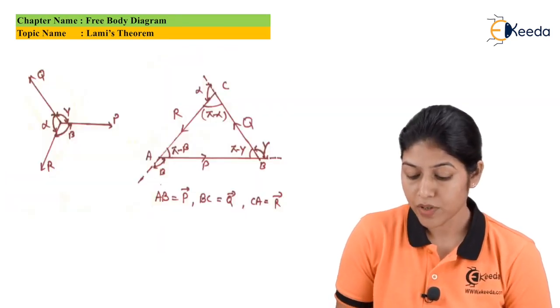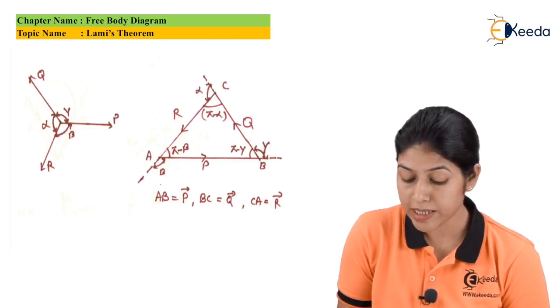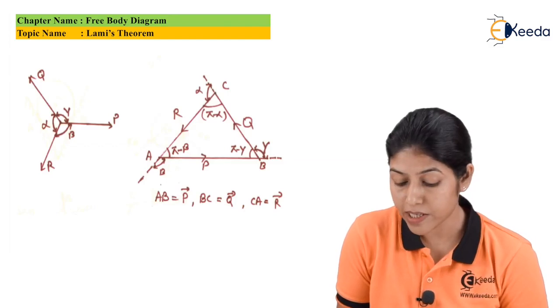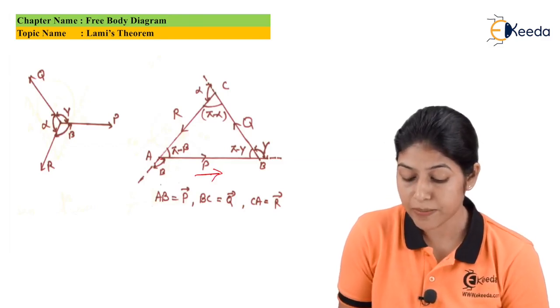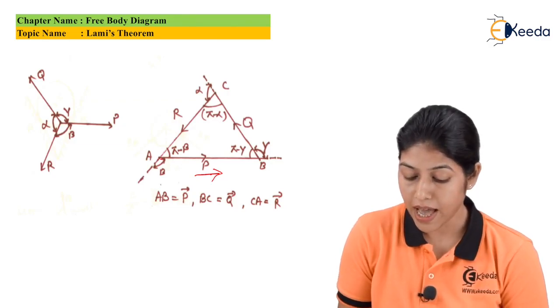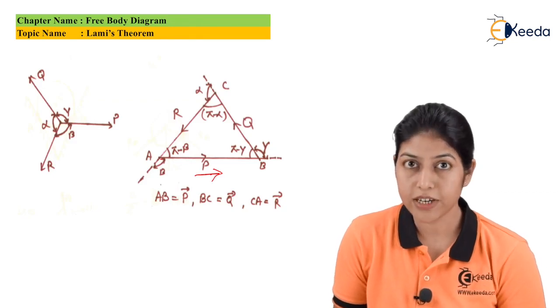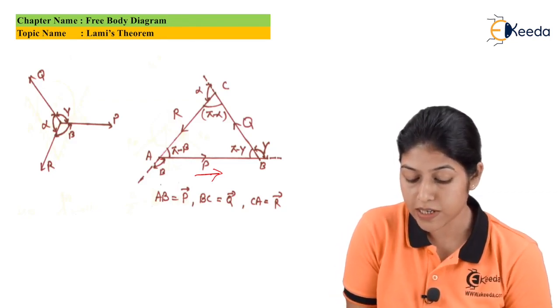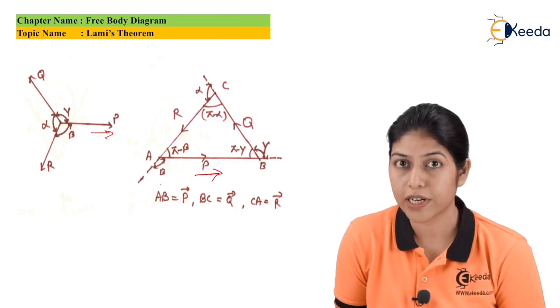In this diagram you can see the force P. This force P is represented by line AB, in this particular direction. It is represented by this horizontal line AB, and we are not considering any angle here because this represents the direction and force P is in the horizontal direction.